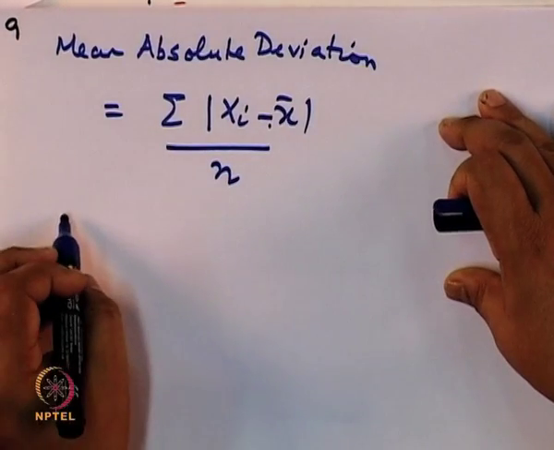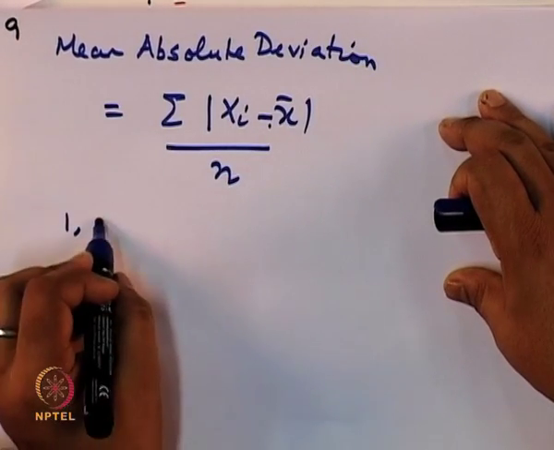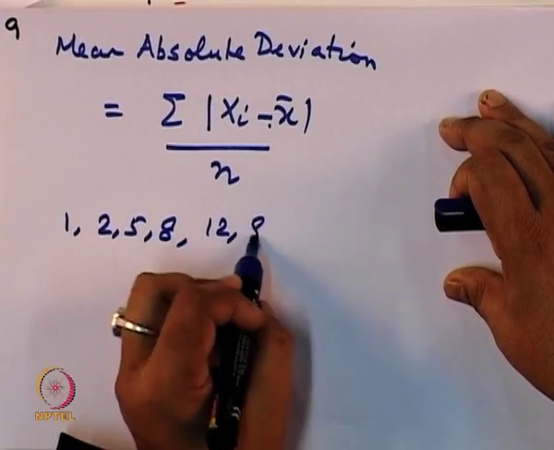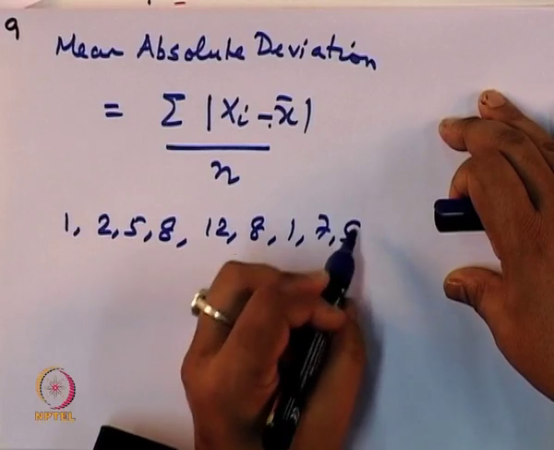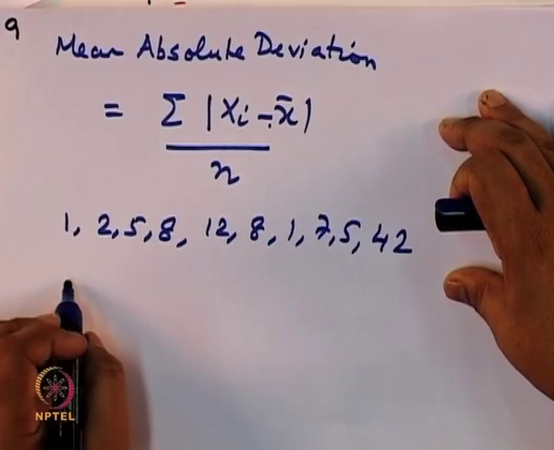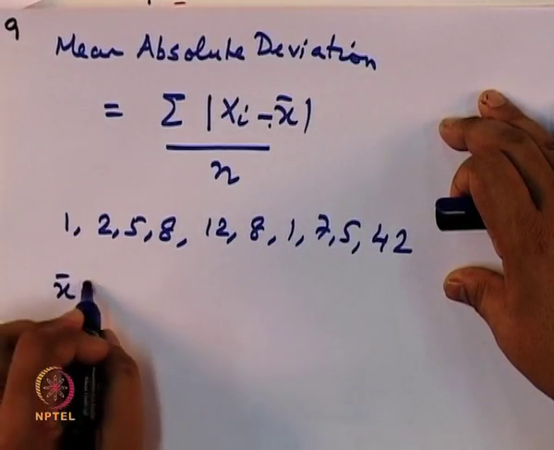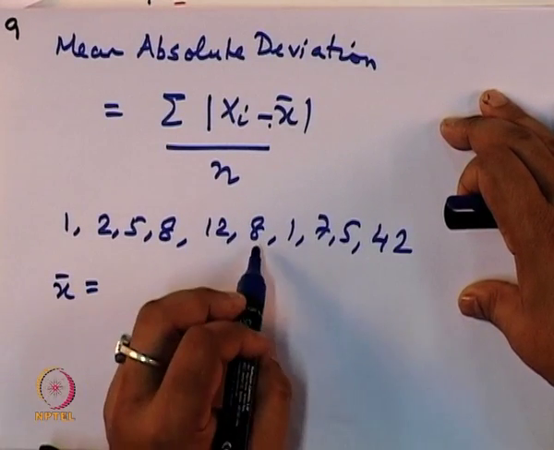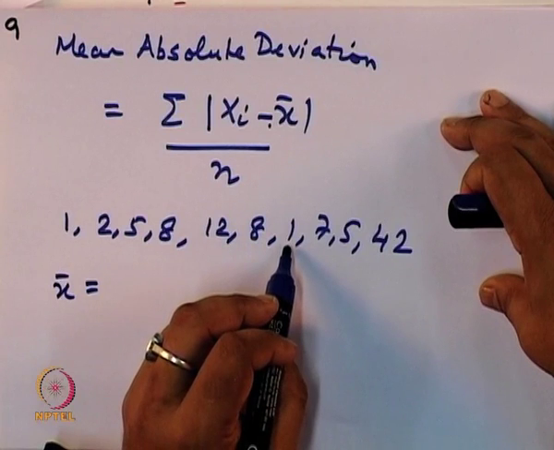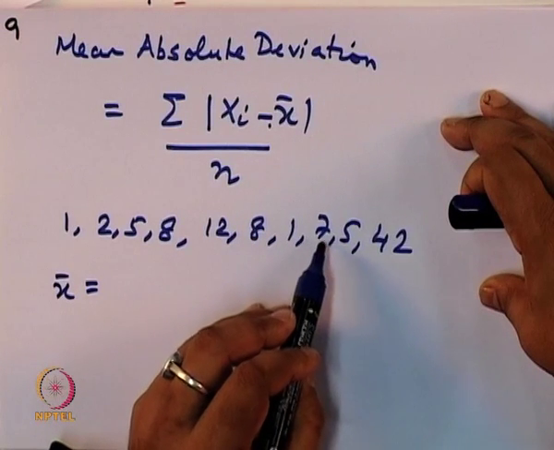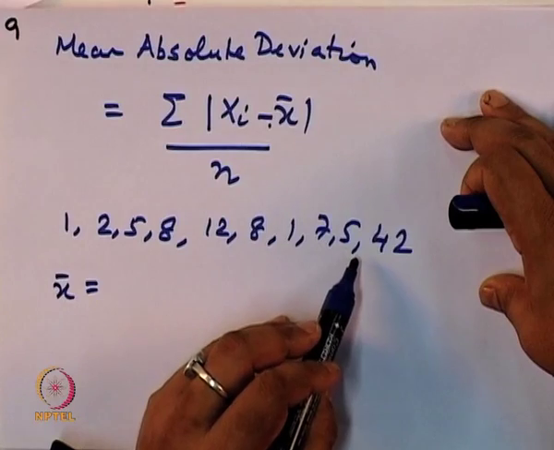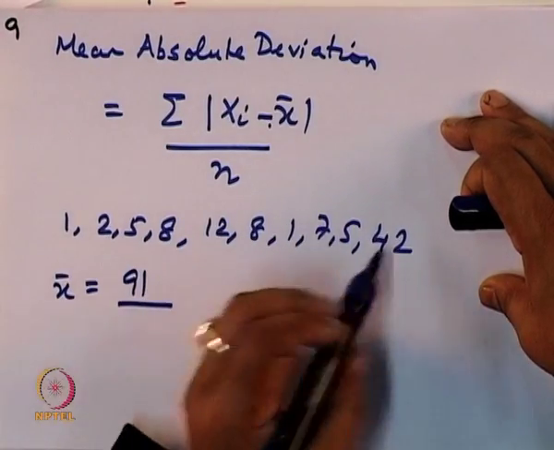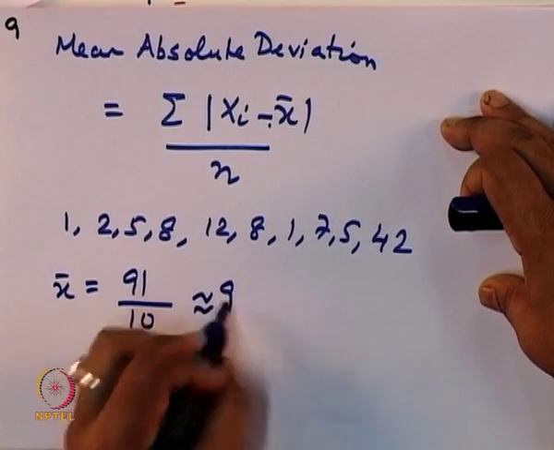Let us say I have a data set 1, 2, 5, 8, 12, 8, 1, 7, 5, 42. I have to calculate my x bar. So, my x bar becomes 3 plus 5, 8, 8 plus 8, 16, 28, 36, 37, 44 plus 5, 49, 91, divided by 10. So, approximately 9, let us say.